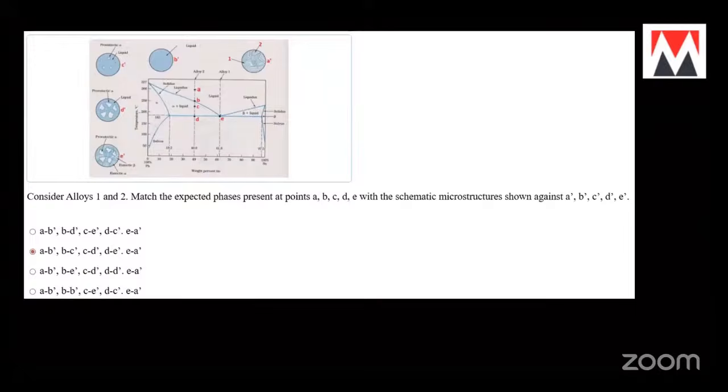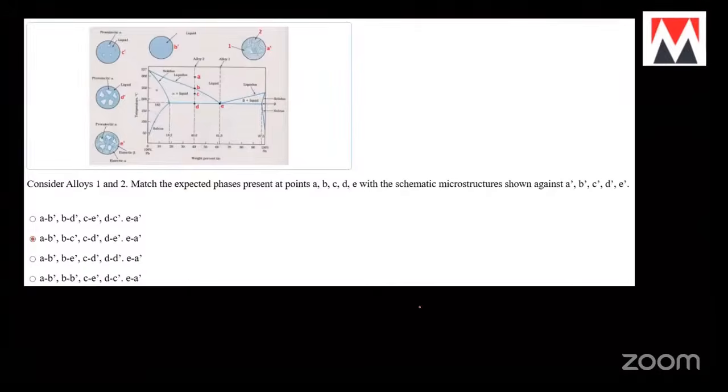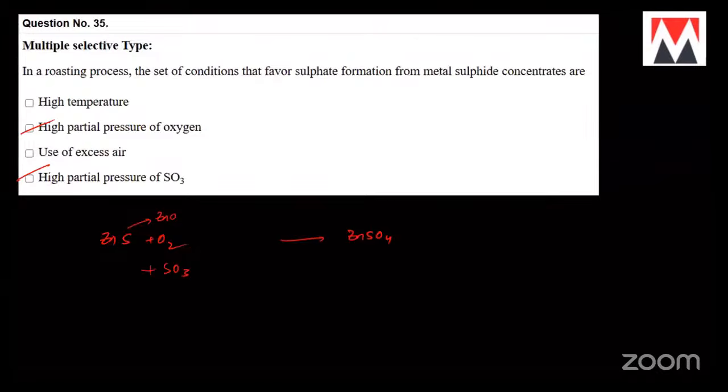But generally, when you take excess air, it reacts with the oxygen only, and the remaining air will go out. B and D are the options. Excess air, okay, it's a good question actually. Excess air you consider O2 plus N2, no? It doesn't mean directly O2 plus N2 here.